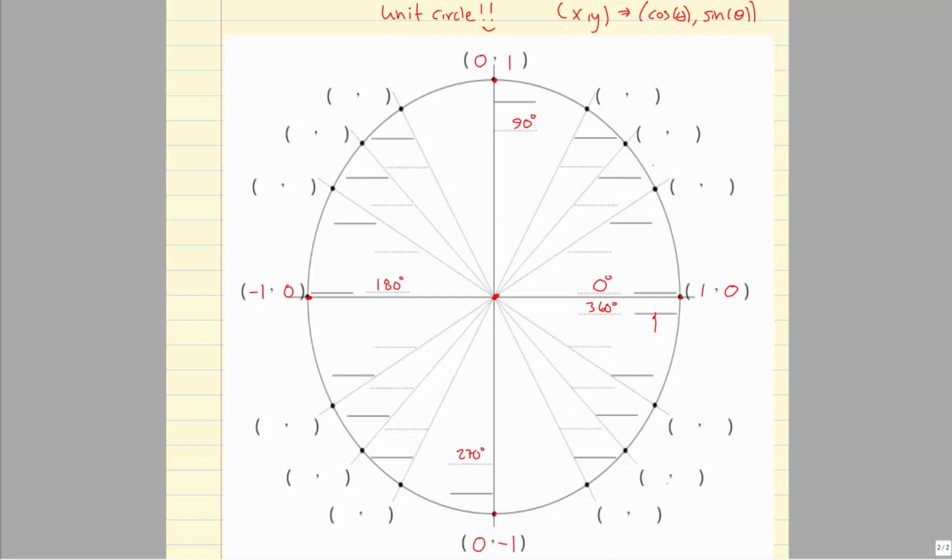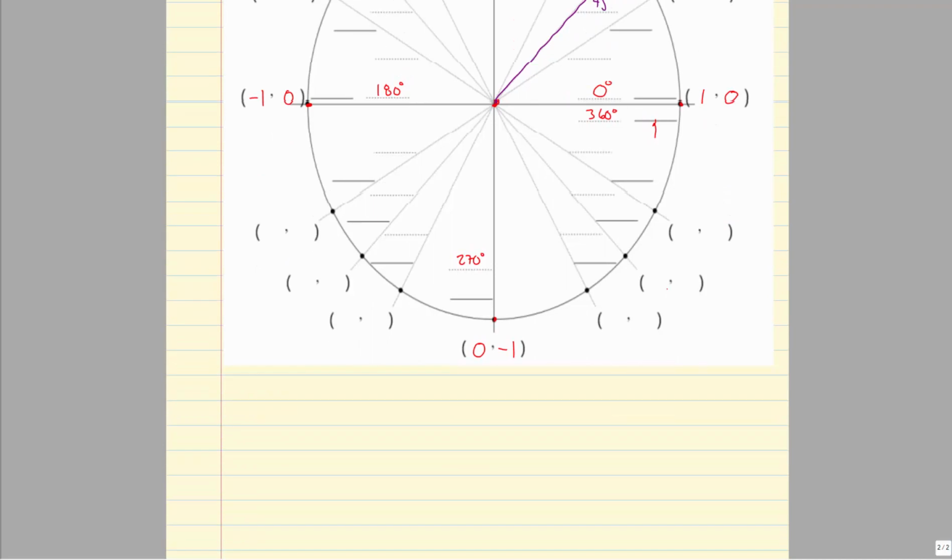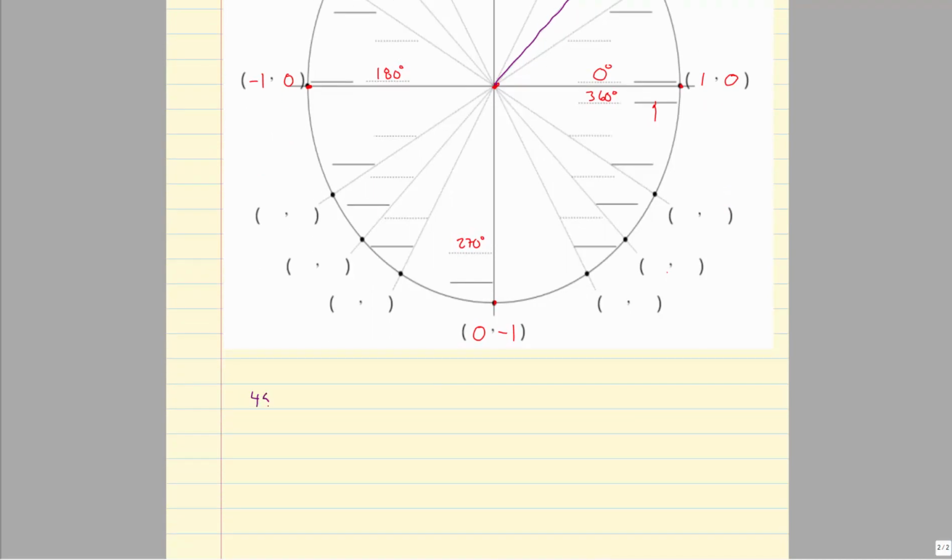Now the next ones I like to fill in are usually the 45s. The 45s bisect each of the quadrants. So here would be our 45-degree angle right through here. Now remember, we can convert all of these angles. For 45 degrees, I would just multiply by pi over 180. 45 goes into 180 four times, so I get pi over 4 here.